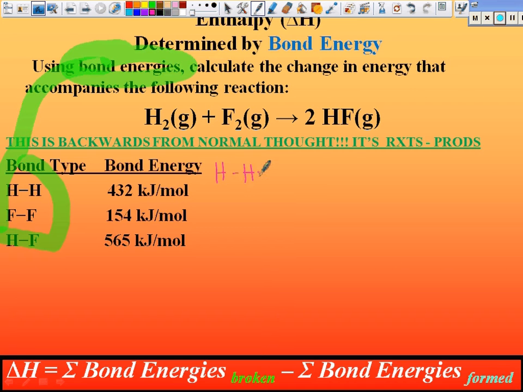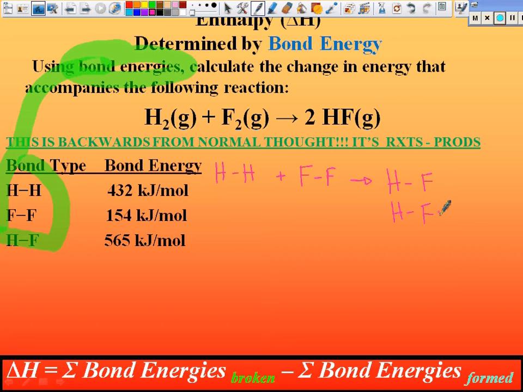F to F. And that is going to yield an HF, right? So, the way we're going to write this is HF, HF. Very good. Why did I write it twice? The coefficient of 2. But again, this is backwards from normal.